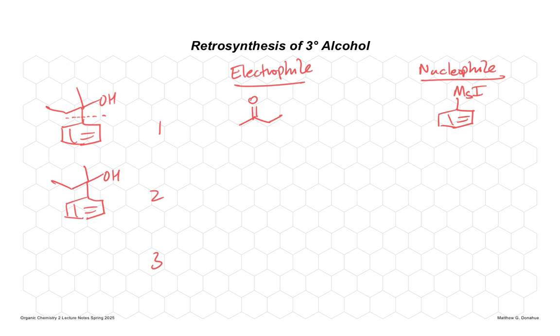So in the second route, we want to make that disconnection. So now we would have an aromatic ketone. And then a 2-carbon organometallic.